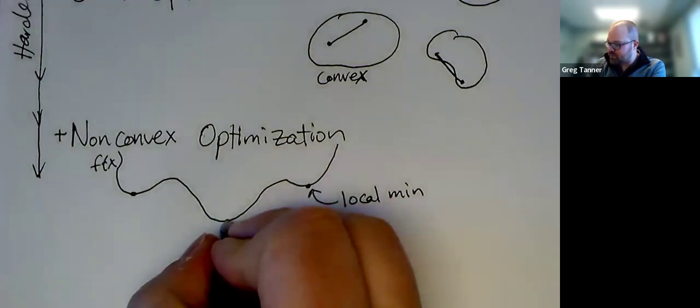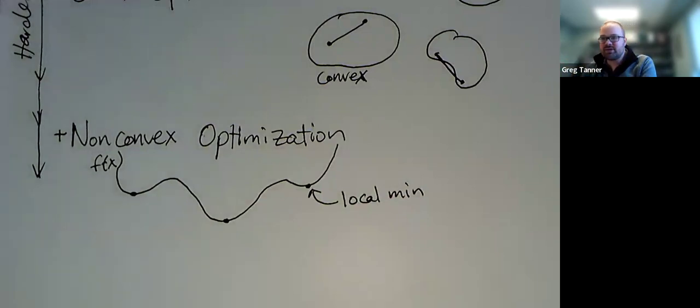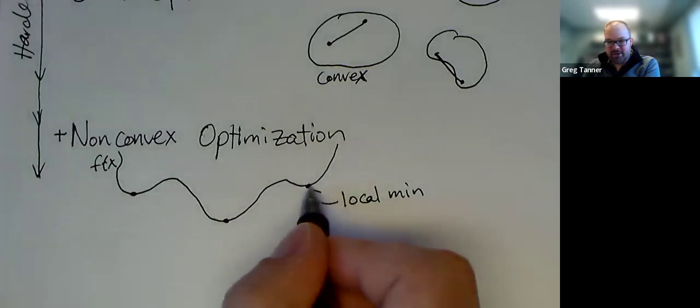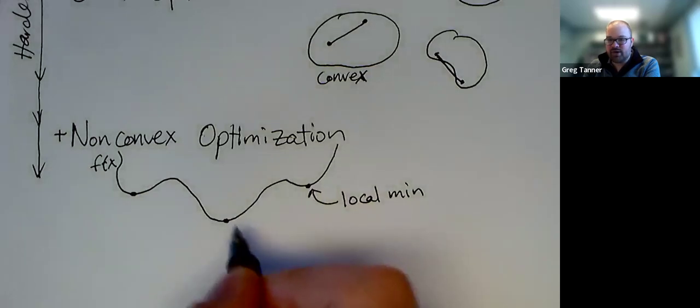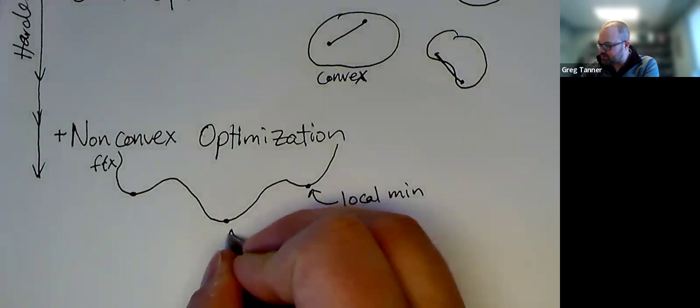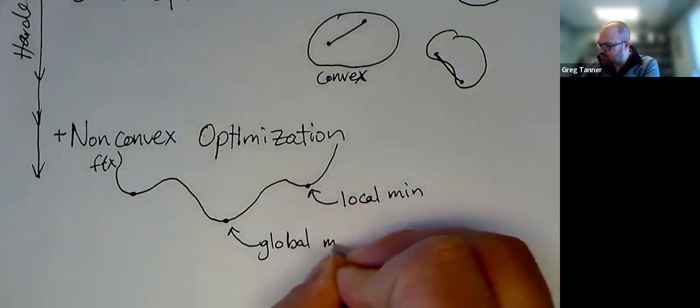That's going to be tricky because if you're testing that point and you're only using local information, looking at nearby values of the objective function, it's going to look like the optimum. But if you were to break out of this valley and get over to this valley, you'd find an actual better optimum, and the best one we call the global minimum.